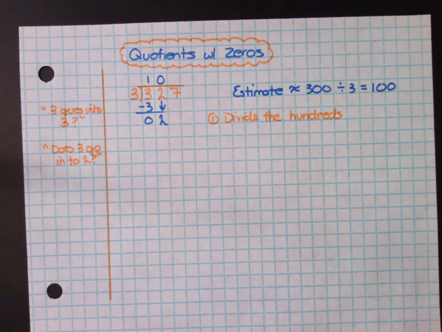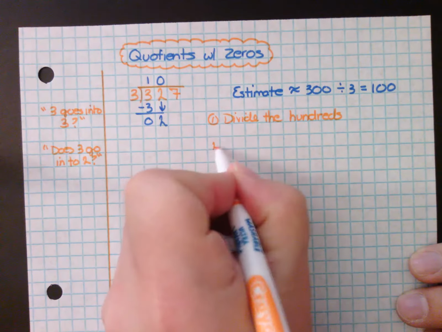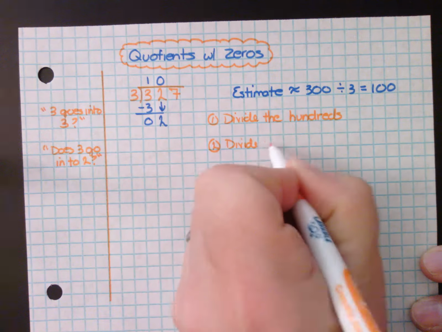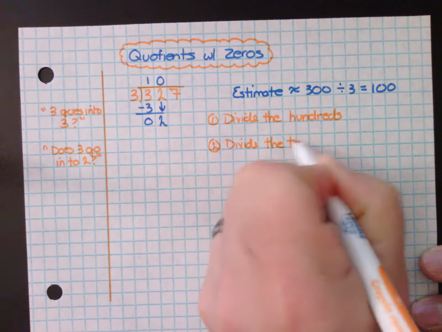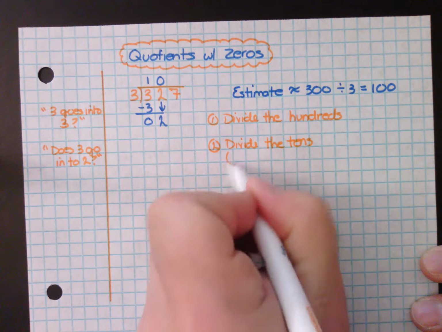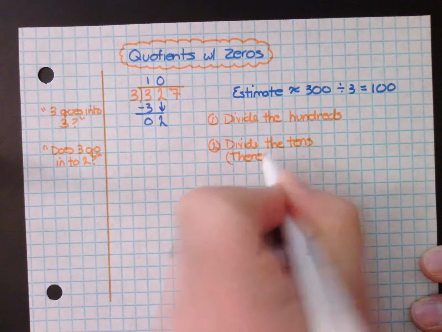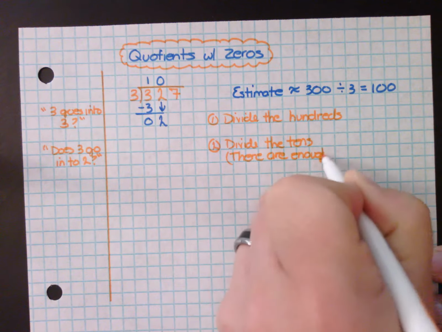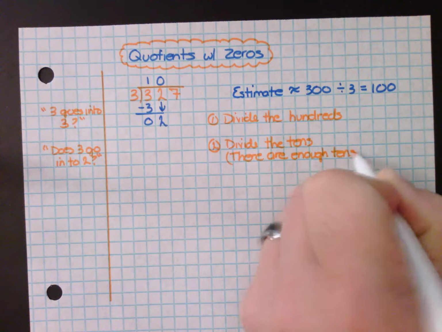And so my second step is the following. Divide the tens. In this case, there are not enough tens to divide.